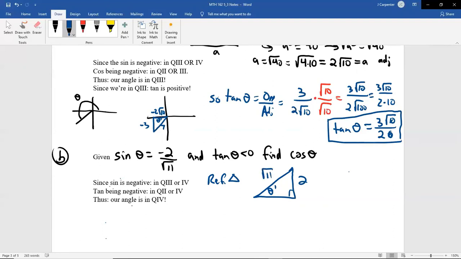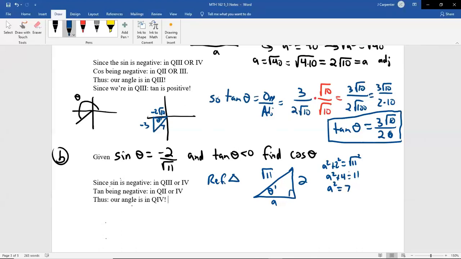This makes the third side, a, easier to find by Pythagorean. So we would say a squared plus 2 squared is equal to the square root of 11 squared, which is a squared plus 4 is equal to 11. Subtract 4 on both sides. That tells us that a squared is equal to 7.